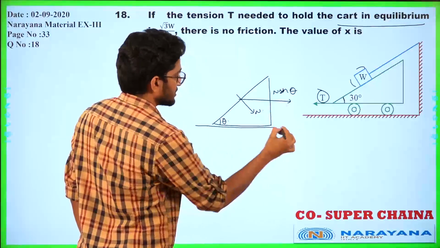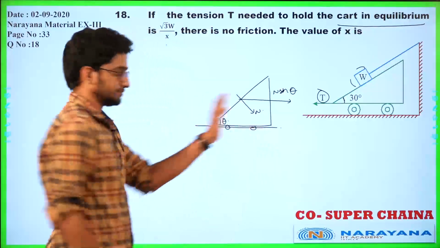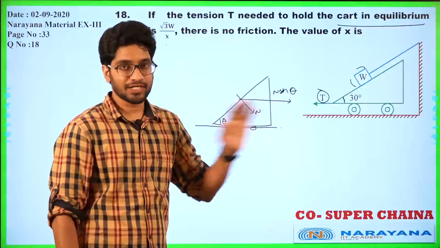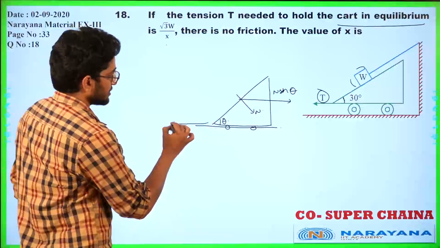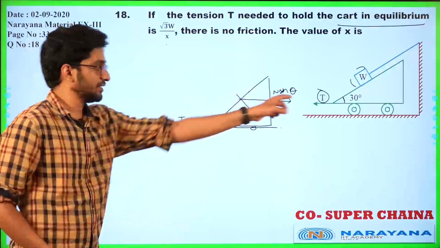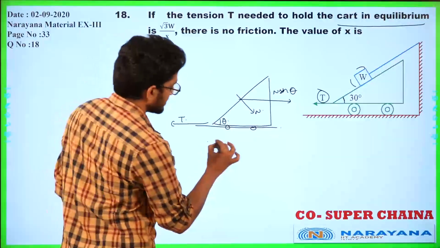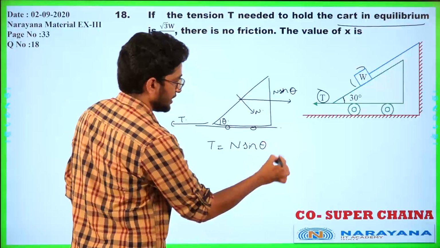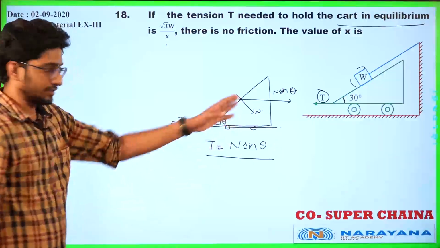So in the horizontal direction, there is a force on the cart. It is trying to move towards the right, so you need to apply tension towards the left and stop it. So how much tension should you apply? Exactly equal to N sin theta. So the tension required is N sin theta. This is from the free body diagram of the wedge or the cart.